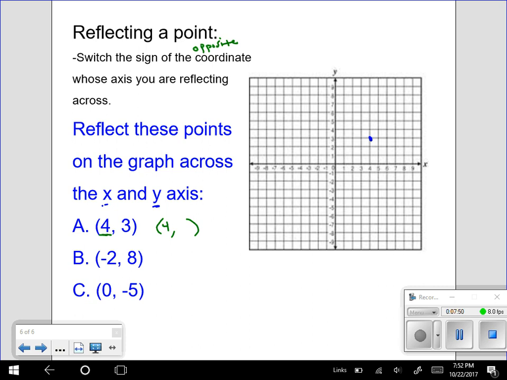Sorry if you already wrote that. And switch this to a negative. Okay, so I'm going to go over 4, down 3. So as you can see, if I folded it over along the x-axis, it would be a reflection. Exactly, they're both 3 away from the x-axis.